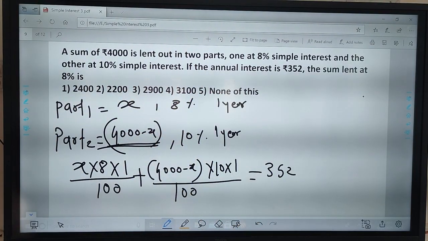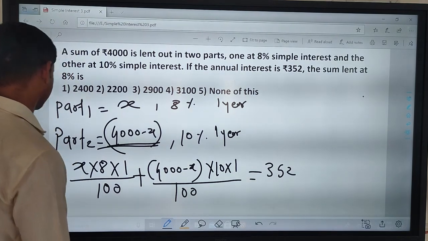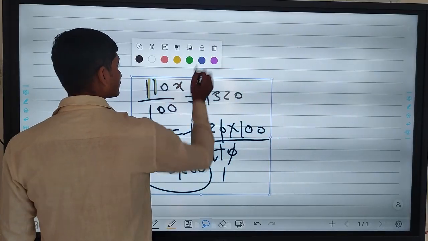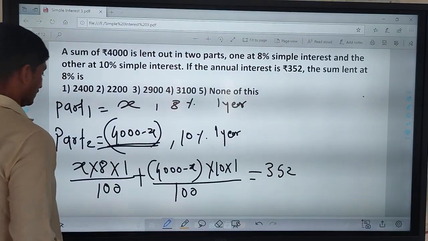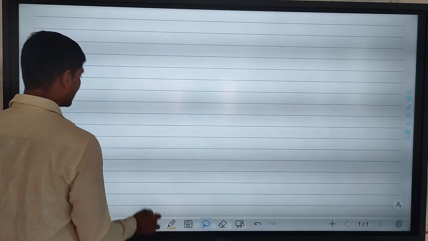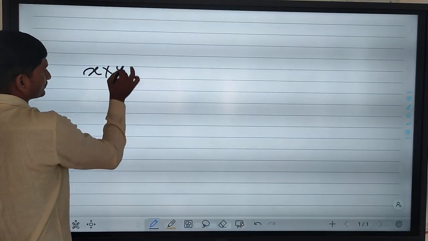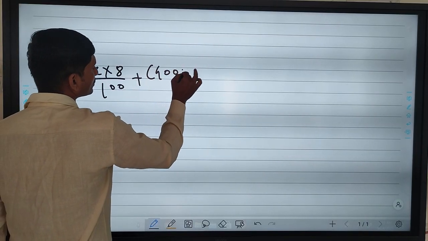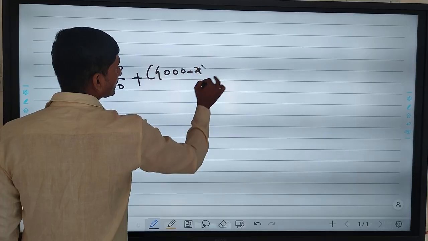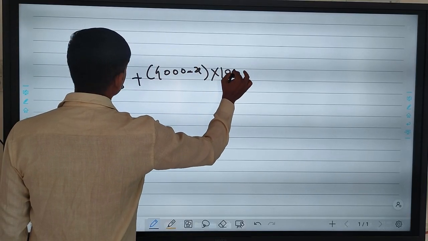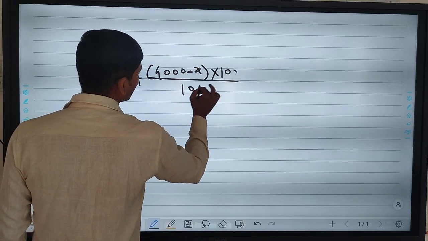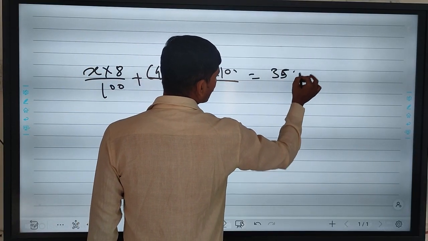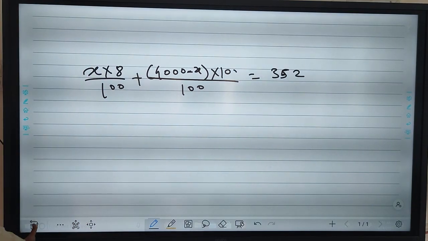We solve this equation and we get the answer. So x into 8 into 1 divided by 100 plus 4000 minus x into 10 divided by 100 is equal to 352.